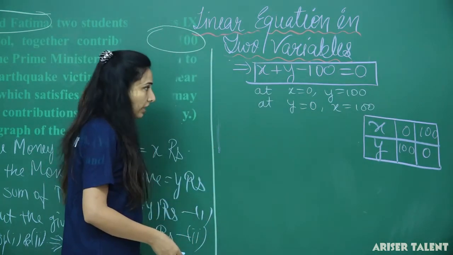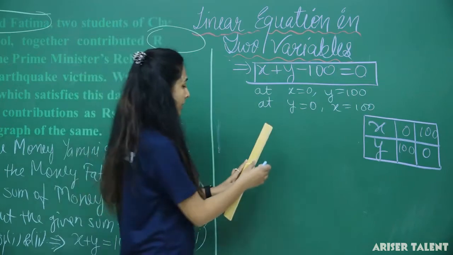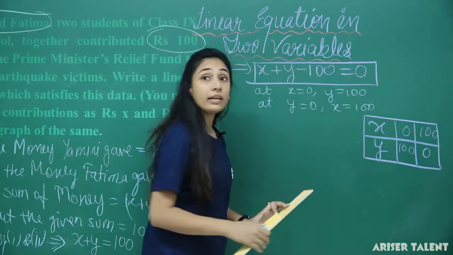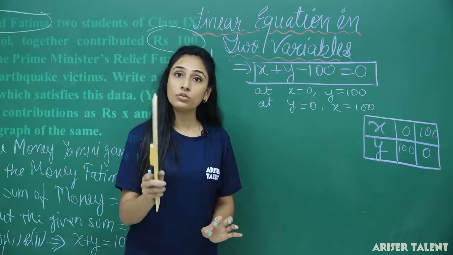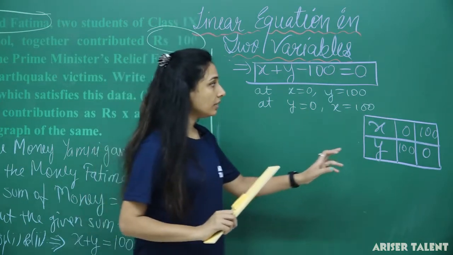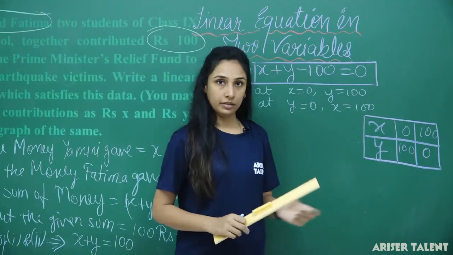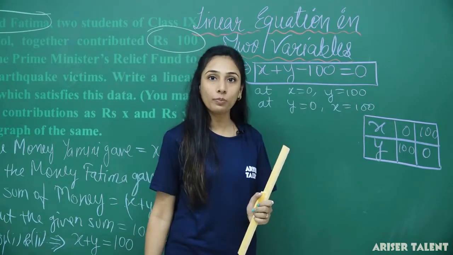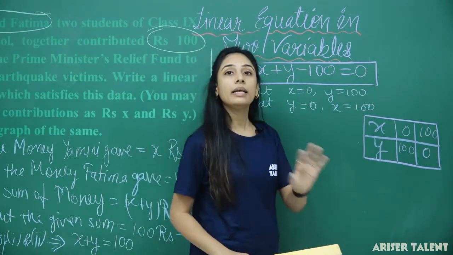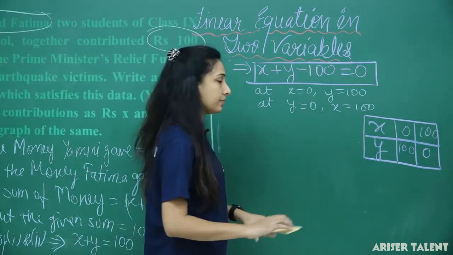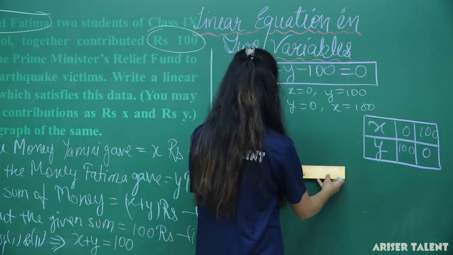Now we'll draw this. We'll take 1 centimeter equals 10 units, because the number is big. So to cover this number and not cross the borders of a copy, we'll take 10 units as 1 centimeter.